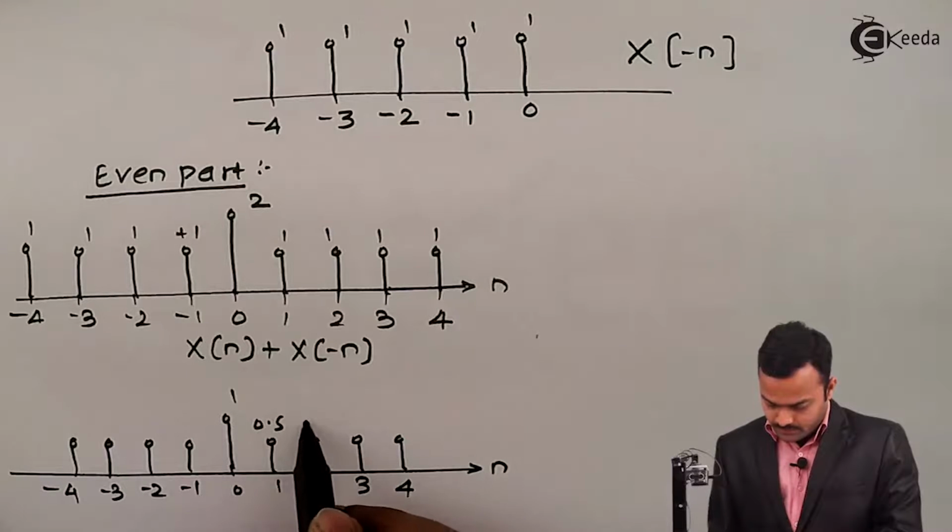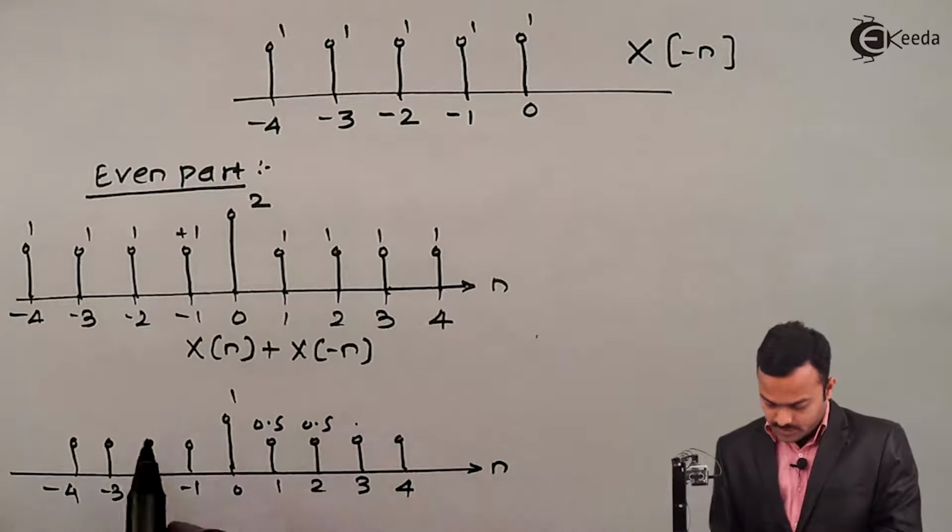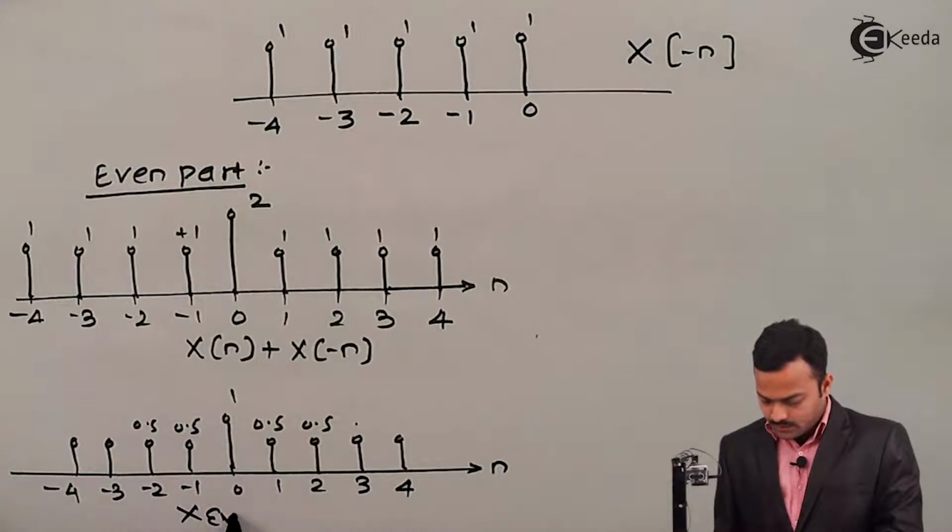Which is 0.5, 0.5, and all this will also be having a value 0.5. So this is the even part of x of n.